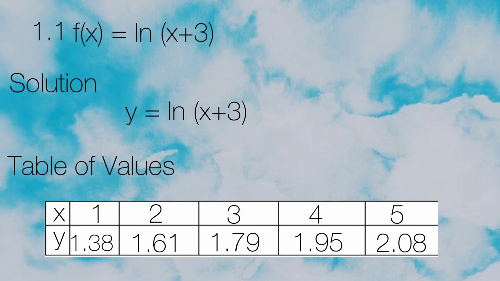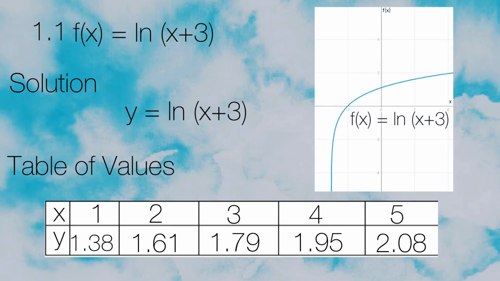Then make a graph of it. Plot the dots. So we have (1, 1.38), (2, 1.61), (3, 1.79), (4, 1.95), and (5, 2.08), and connect all the dots.